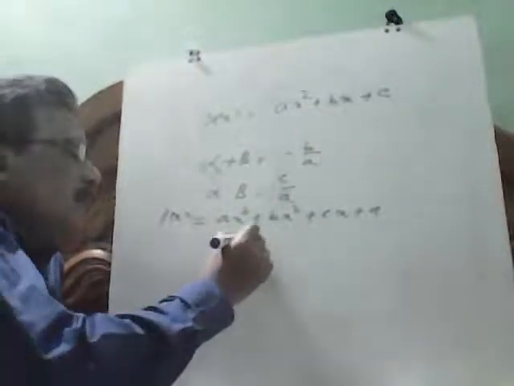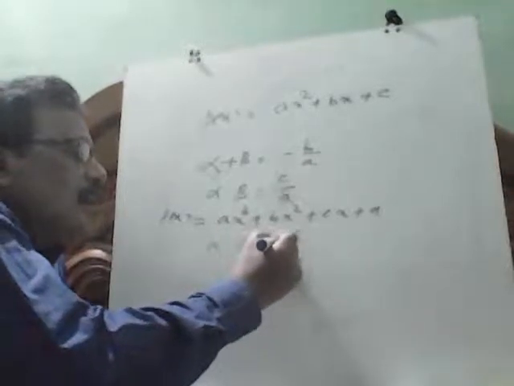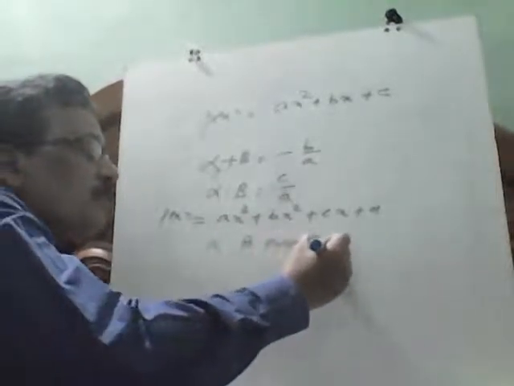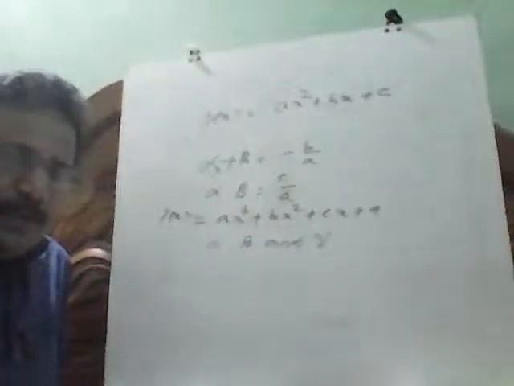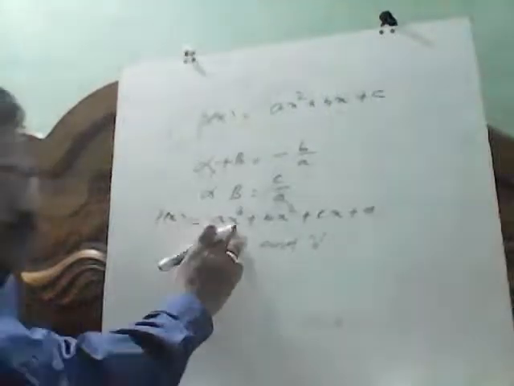Alpha, beta, and gamma are three zeros. Then the relationship between coefficients and zeros. The coefficient of x cube is a, the coefficient of x square is b, of x is c, and the constant term is d, the coefficient of x to the power 0.